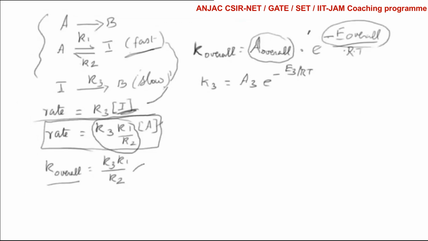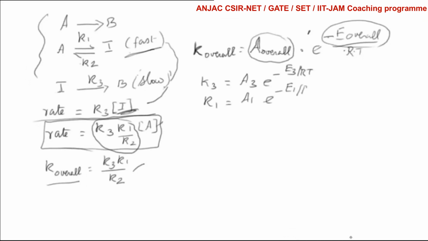Apply the Arrhenius equation for each step. K3 is equal to A3 e power minus E3 by RT, where A3 is the Arrhenius factor and E3 is the energy of activation for the step. Similarly, K1 is equal to A1 e power minus E1 by RT.